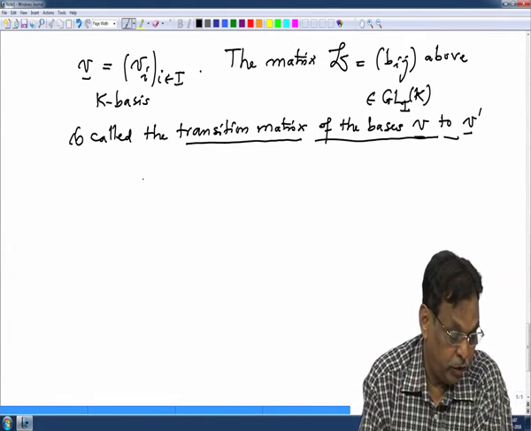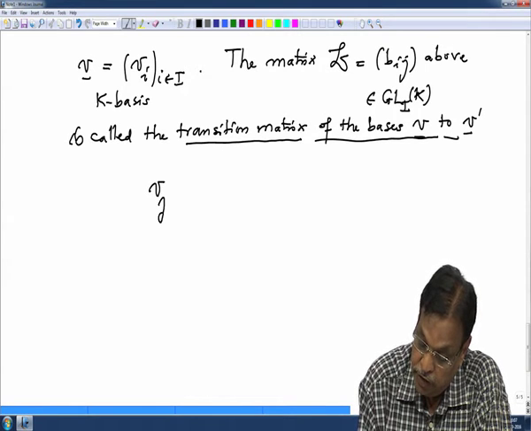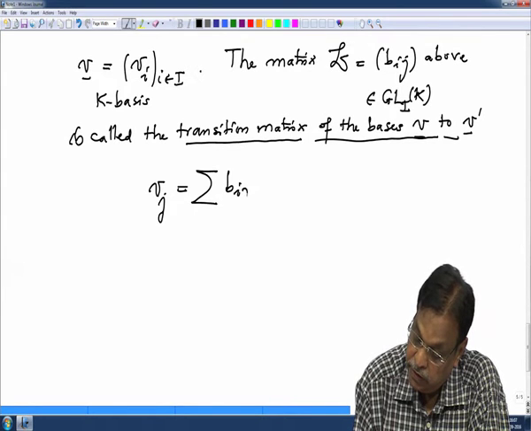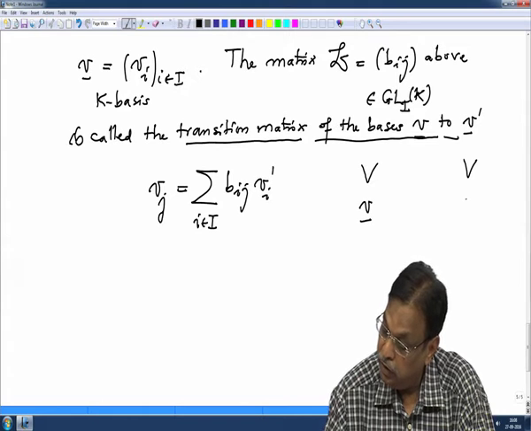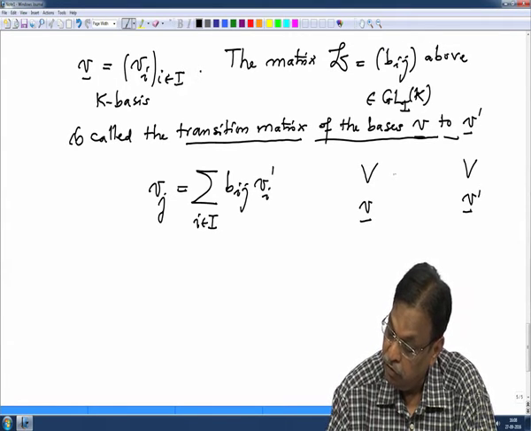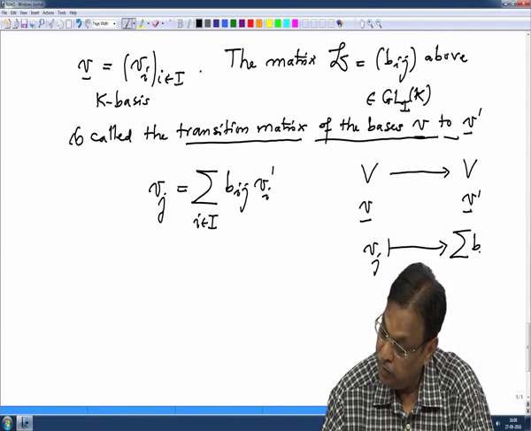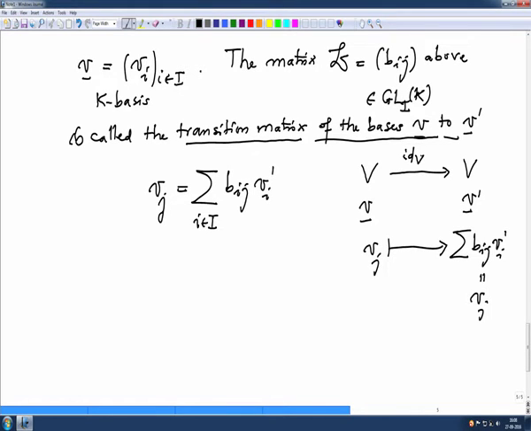So remember, Bij's are defined by the equation Vj equals summation Bij Vi prime, i in I. So think of it as there is a basis V, there is a basis V prime, and this Vj goes to this Bij Vi prime, but this is Vj, so therefore this is really the identity linear map. So what we get is the matrix with respect to the basis V and V prime of the identity linear map of V is this Bij matrix, which we have called B, and this is invertible.